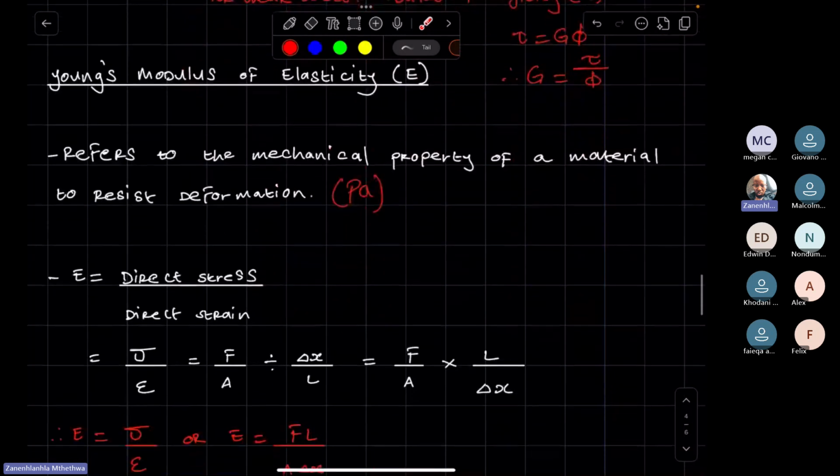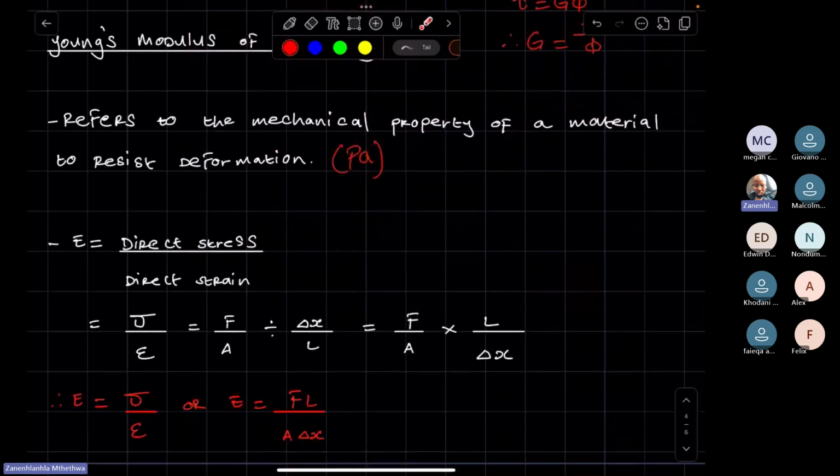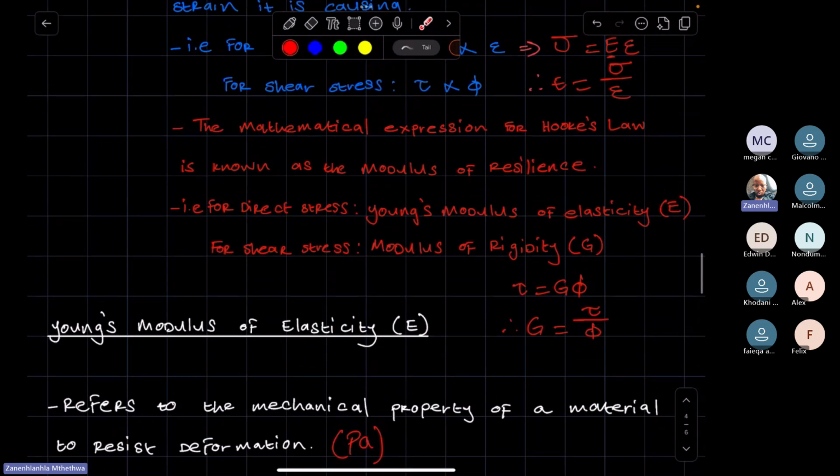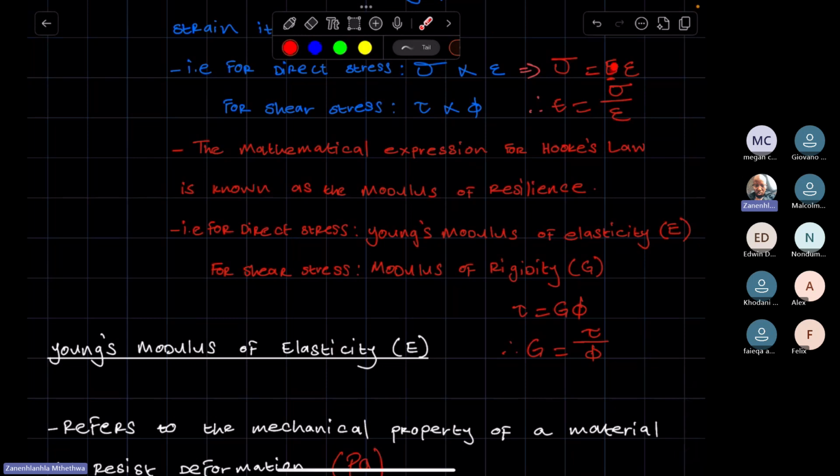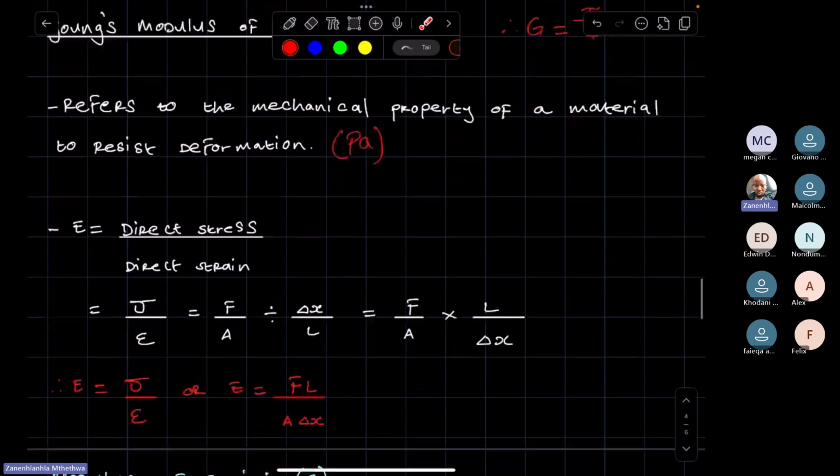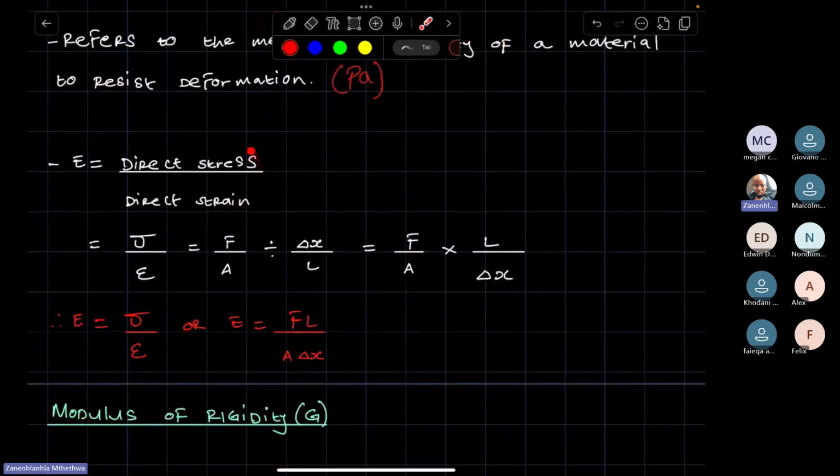So from that formula, if you make E, the Young's modulus of elasticity, the subject of the formula, E will be equal to stress divided by strain. So E is equal to the direct stress divided by the direct strain. That formula we get from Hooke's law, right? This formula is essentially Hooke's law.